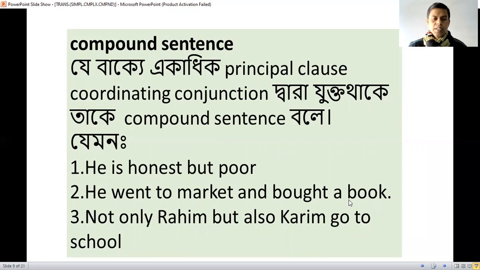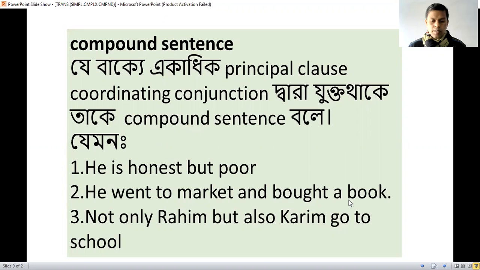He is honest: he is a subject and is a verb, and there is a coordinating conjunction, but. Poor. Here the subject of the first part and the second part of the sentence is similar. If it is written in full, it will be: he is honest but he is poor.